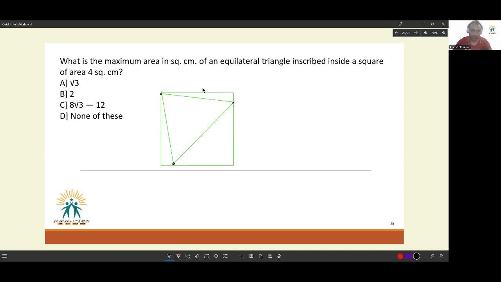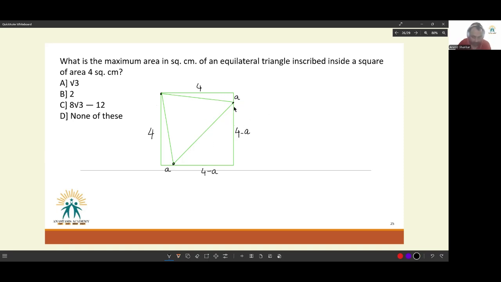See how this works. If this is side 4, this is A, this is A, this is 4, this is 4 minus A, this is 4 minus A. This length is under root 4 square plus A square. This length is under root 4 square plus A square. And this length is 4 minus A, whole thing multiplied by root 2. And they have to be identical.